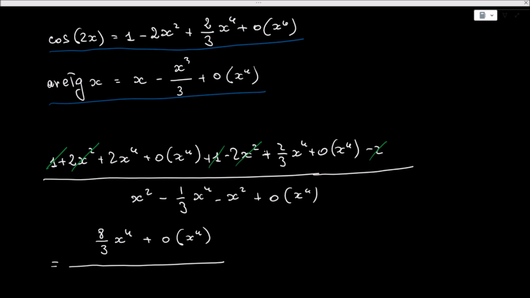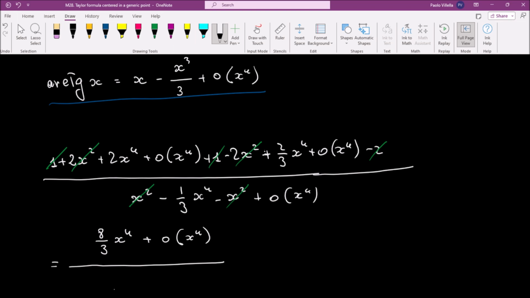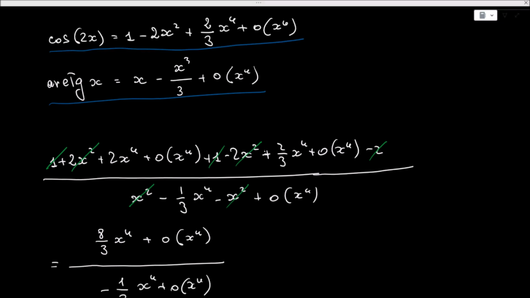At the denominator instead, we can simplify x squared and minus x squared, so we're left with minus 1/3 x to the 4 plus little o of x to the 4, and clearly this is something that tends to minus 8. So we finally solved the limit by deciding what was the proper degree of expansion of all the functions present in the limit.